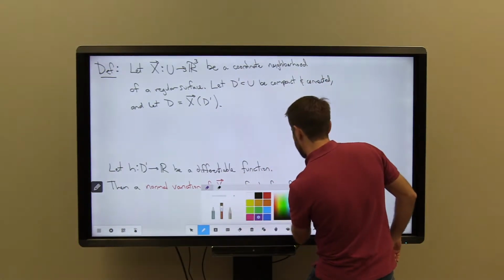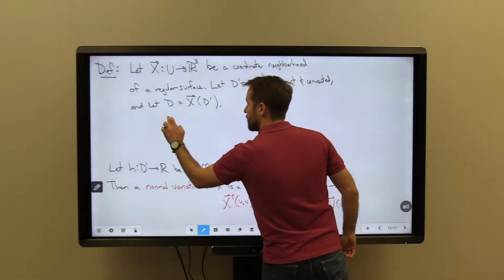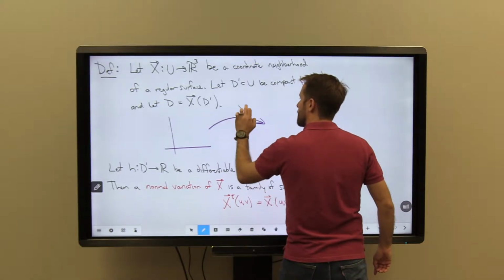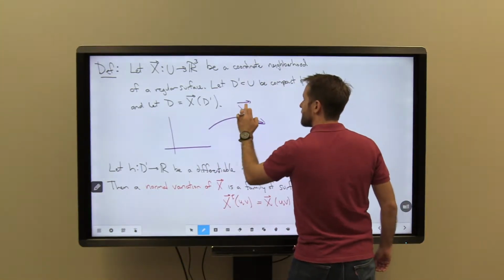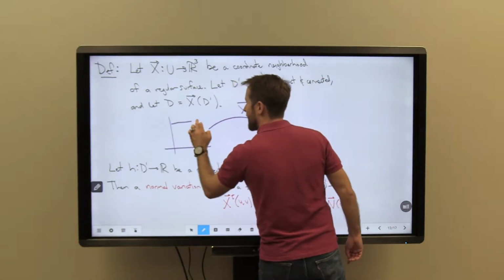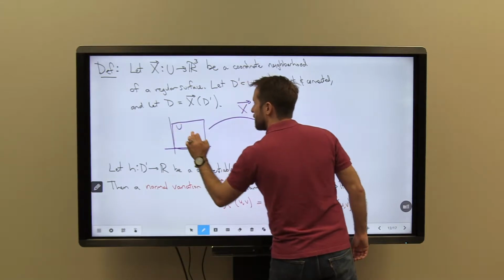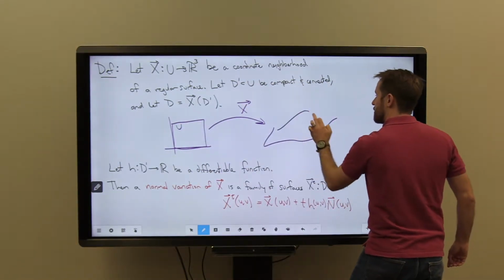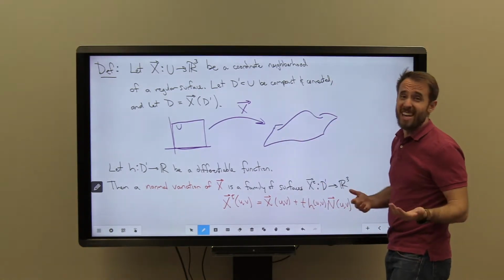So we've got our usual function. This is my x. This might be my area U. And that might be mapping to some sort of surface here. Not necessarily a minimal surface. This could be any surface.